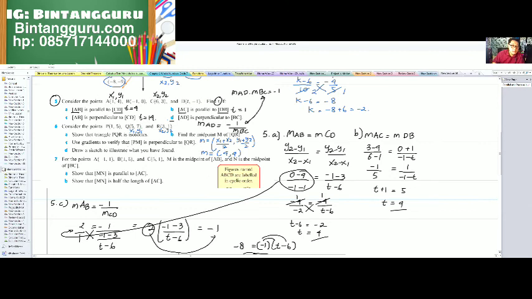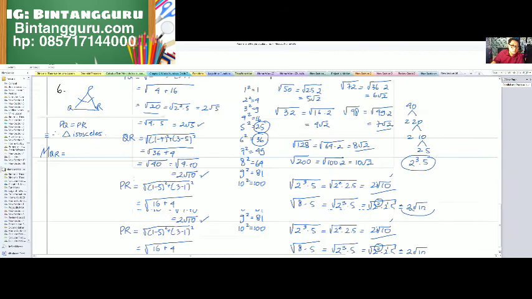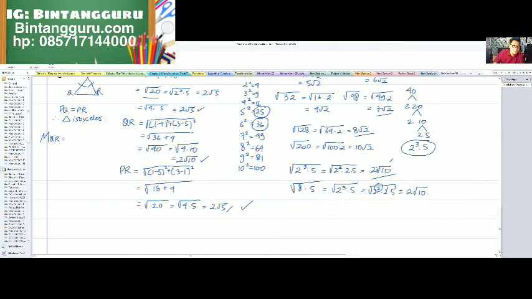And then we have to verify that PM is perpendicular to QR. To verify the lines are perpendicular, we have to do M1 times M2 equals minus 1. So M1 times M2 equal to minus 1. We need to find the gradient of PM.